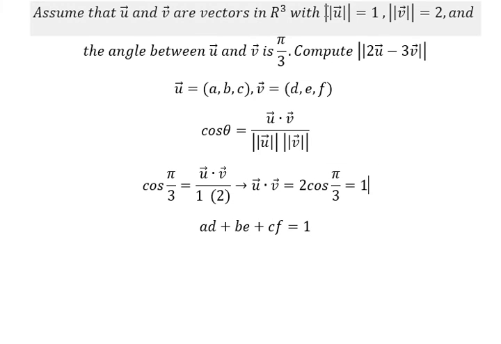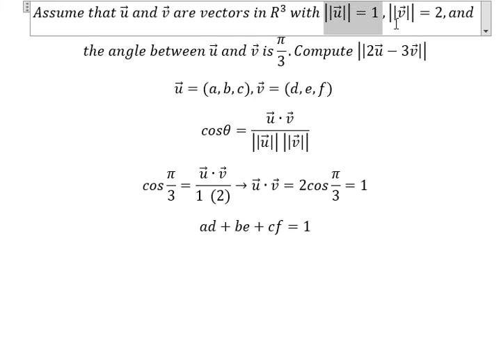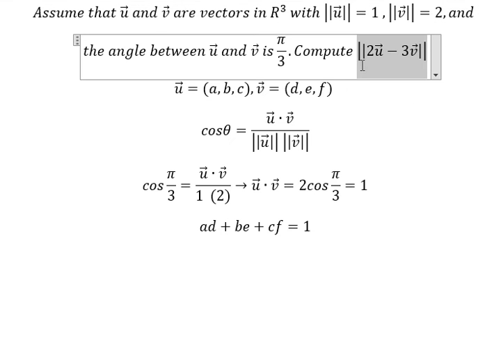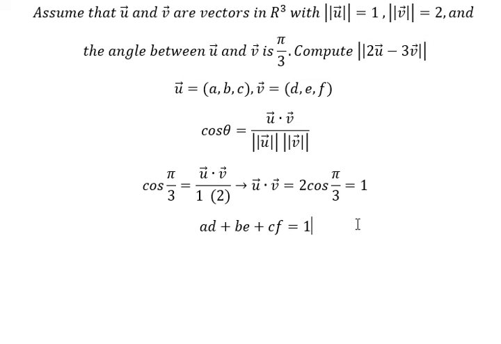Now we have the magnitude of this one and this one. So in this situation, 2u minus 3v should be 2 multiplied by (a, b, c) minus 3 multiplied by (d, e, f).